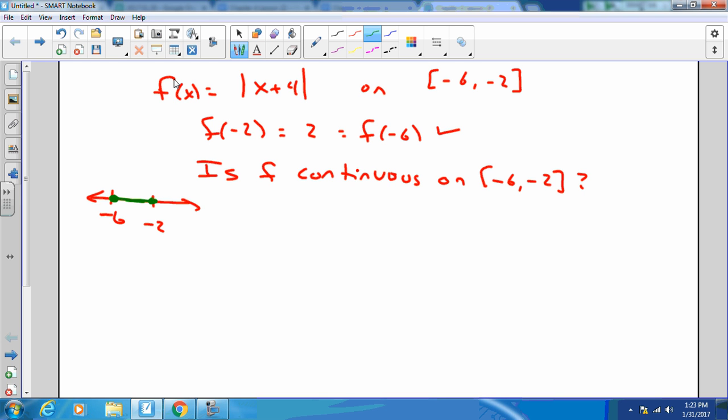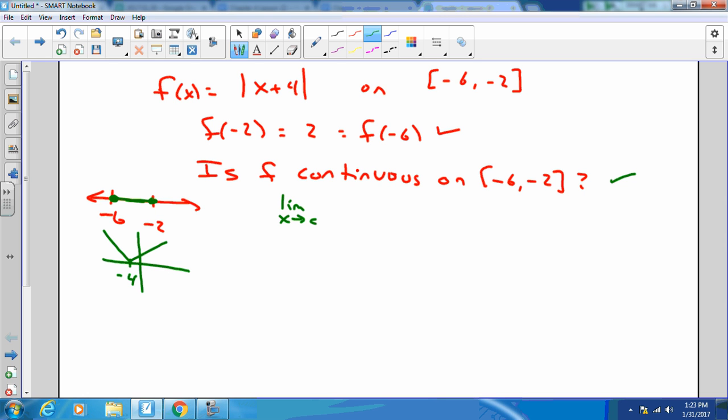So I actually need to check that f is continuous. Under most circumstances, a graph will do just fine. And if I look at a graph, I can see that f is continuous at every x between -6 and -2.